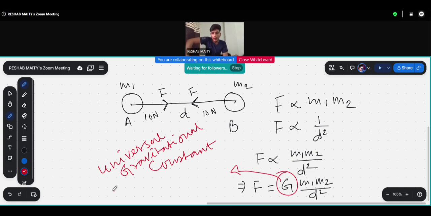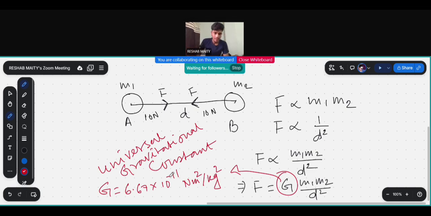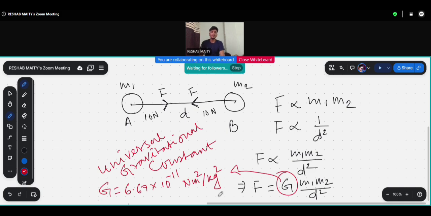So what is the value of G? Its value is 6.67 into 10 to the power minus 11 Newton meter square per kg square. Kind of a weird unit, right? I will explain why its unit is like this. The value of G is fixed in this whole universe.